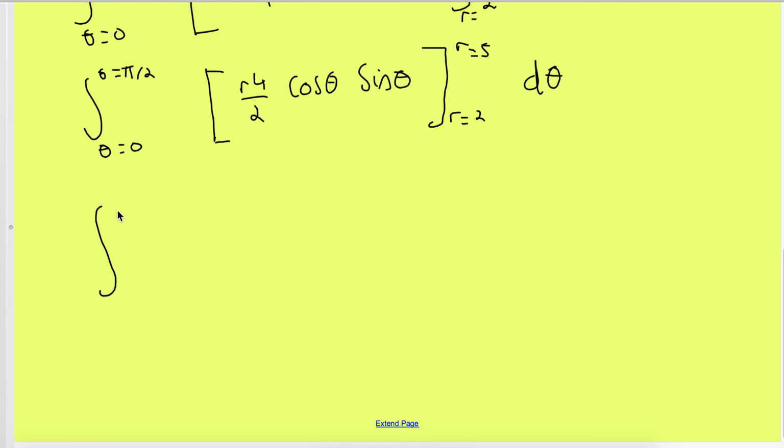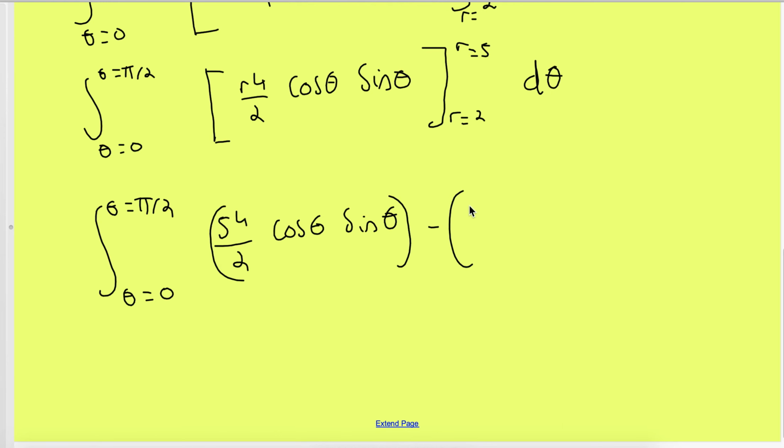Right. So we're going to substitute in that. So that's 5 to the power of 4 over 2 cos theta sine theta, take away 2 to the power of 4 over 2 cos theta sine theta d theta. Right, so let's type this into a calculator and see what happens. I suppose you should have equal signs all the way down. Telling a story, haven't I?